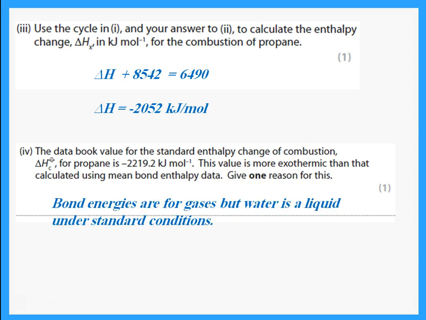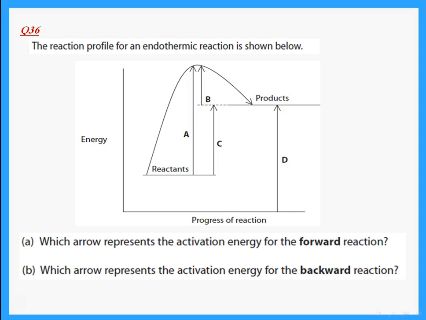Why is it different? Again, we're talking about bond energies. Bond energies are for gases, but water is a liquid under standard conditions. Remember, are we talking about bond energies or are we talking about a reaction in which I burned something and so on? So the explanation for each of them would be different.